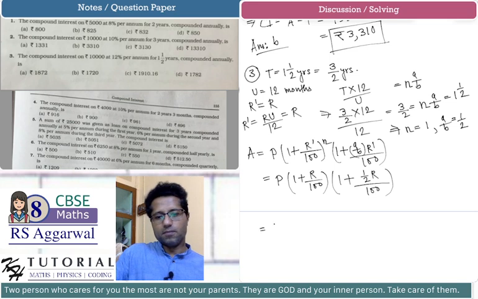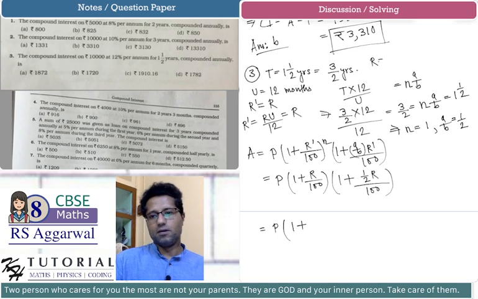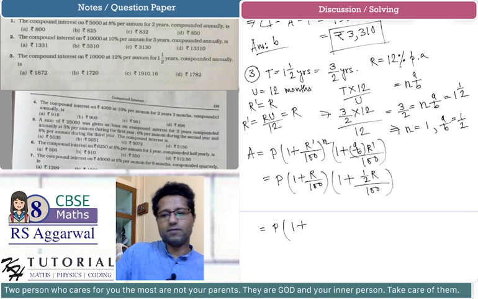This is equal to P times 1 plus R by 100, and what is R? R is given to be 12% per annum. So we have 12 by 100, multiplied by 1 plus half into 12 divided by 100.